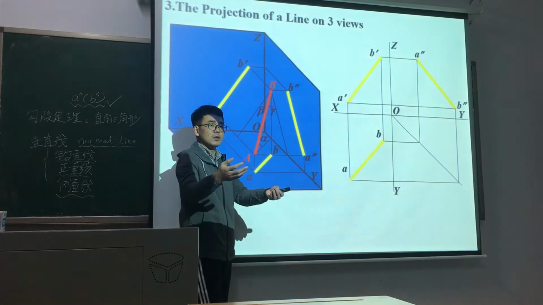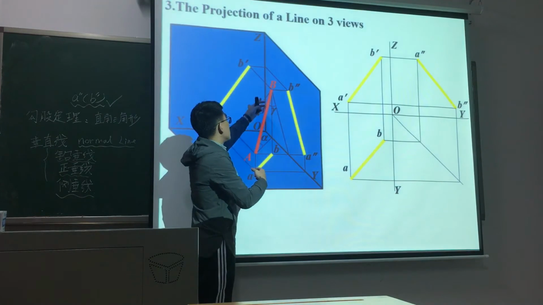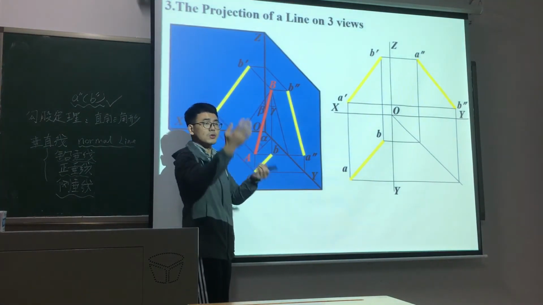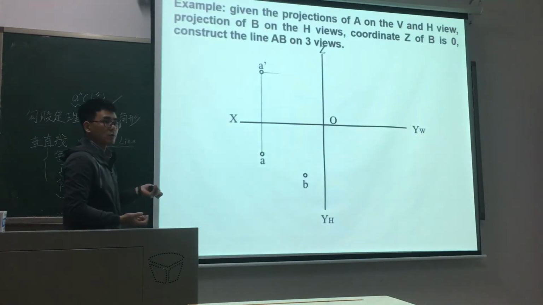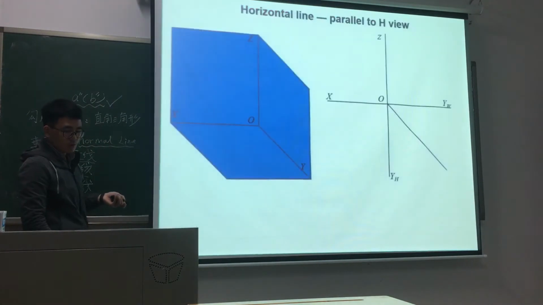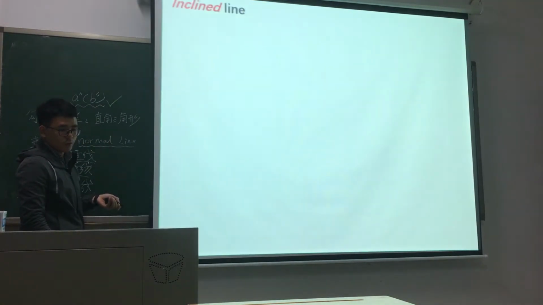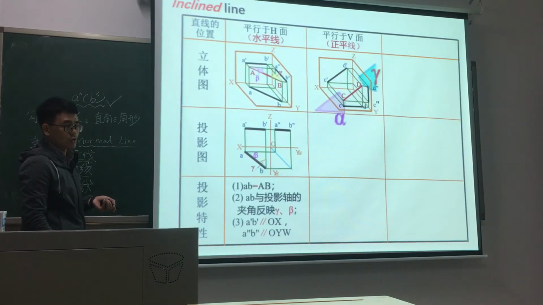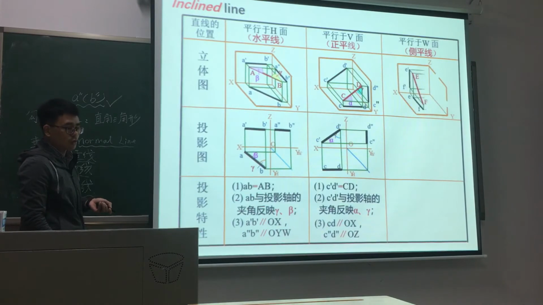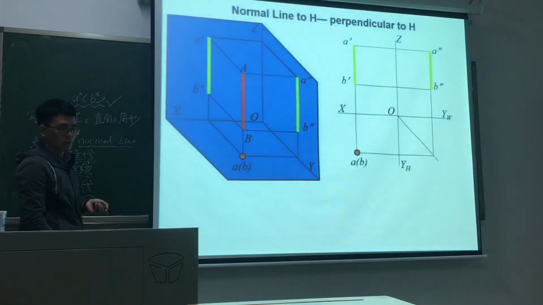Maybe it is longer than AB, or maybe shorter, because the projection is not special. So remember, keep this in mind: we have two special lines, and we can get the true length and the true angle, 真长 and 真角.